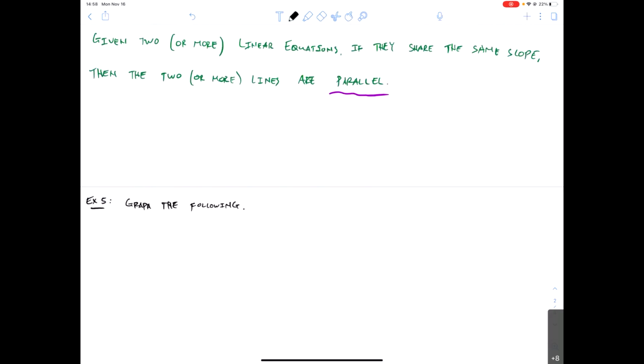So now I'm giving you, well, the textbook actually: y equals 1/4 x minus 1 and y equals negative 4x plus 2. So this one's nice because they already gave it to you in slope-intercept form.